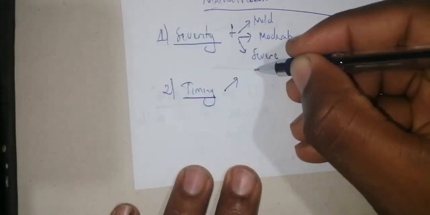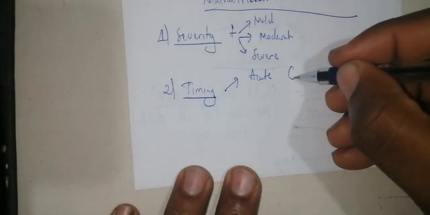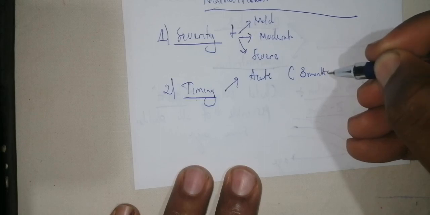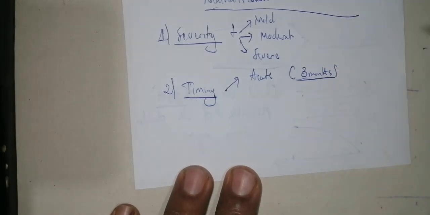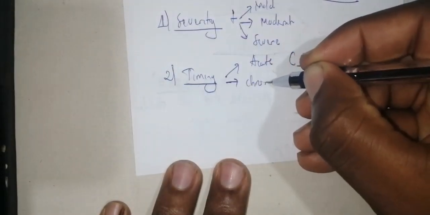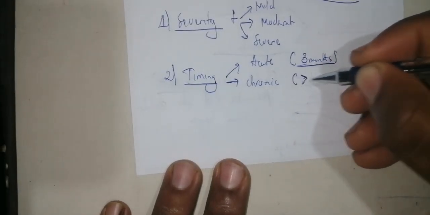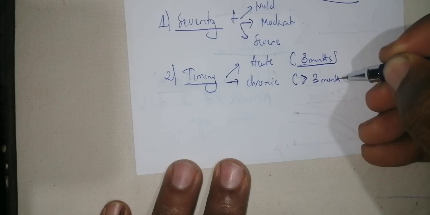Number one, it can be acute malnutrition, provided that it occurs within the first 3 months. If the patient is malnourished for the first 3 months, that is acute malnutrition. Then we have chronic malnutrition. Is it clear? If the patient is malnourished for more than 3 months.